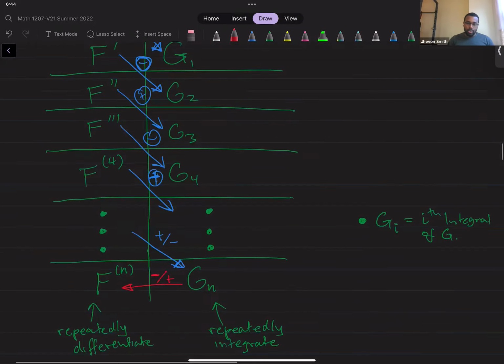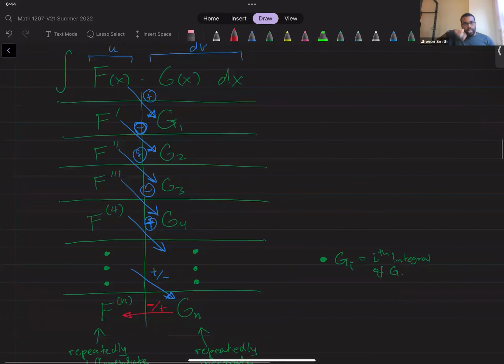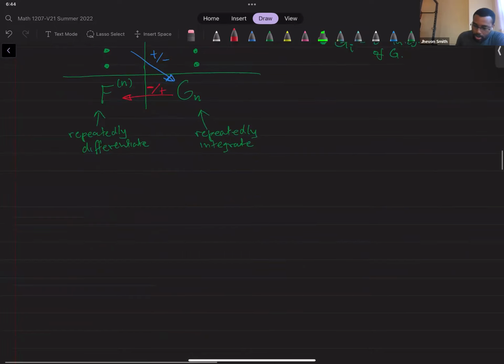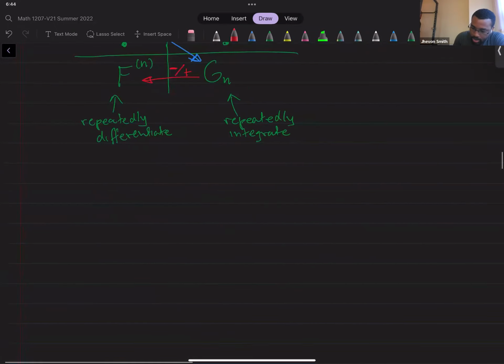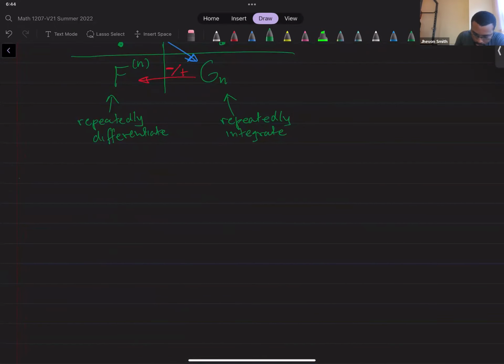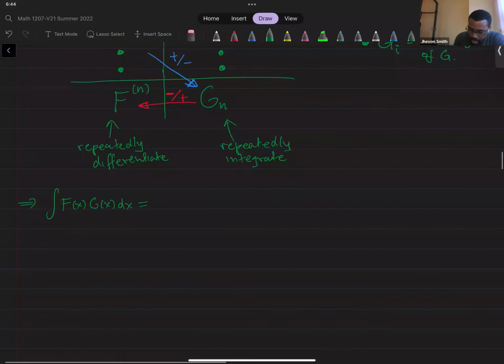So it turns out you can start writing out all these products, and the last one is going to be the final integral that should be the easiest one to do. So you end up with this sort of scenario. You end up with the integral of f of x, g of x, dx equals, you're going to have like the f times the g1, right?